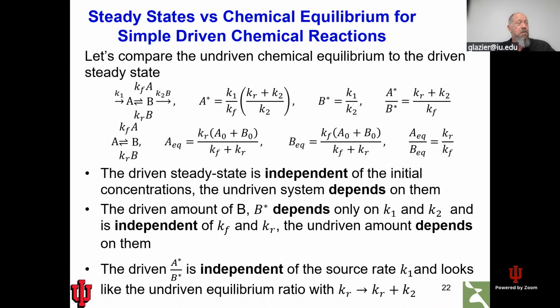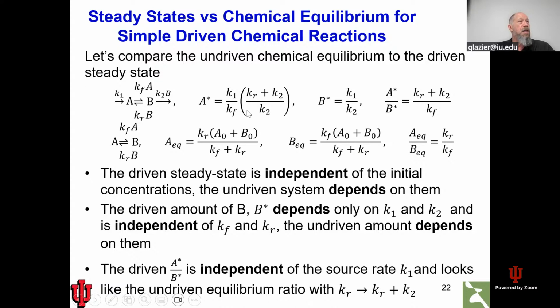And I have a bunch of slides doing the mathematics, which I'm going to skip here, but it's worth looking at what the final values of A and B are in these two cases. They're reasonably parallel to each other, but they're not the same.